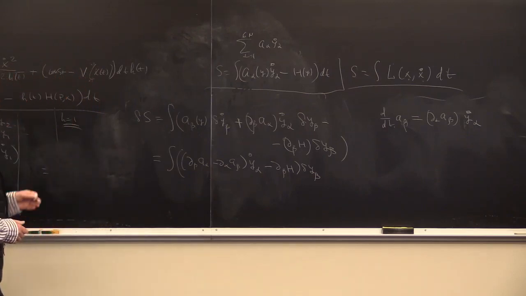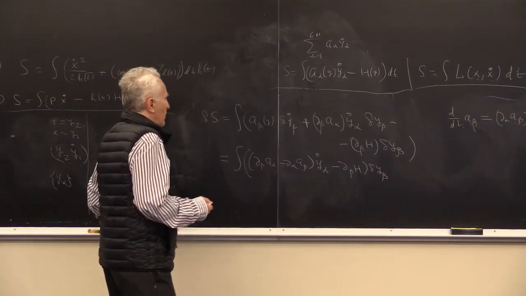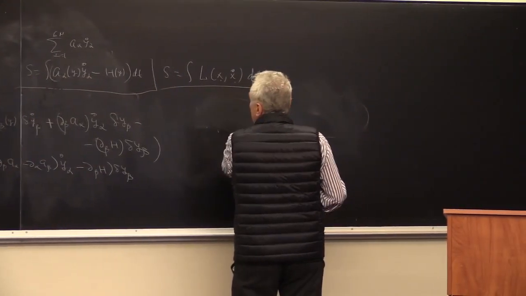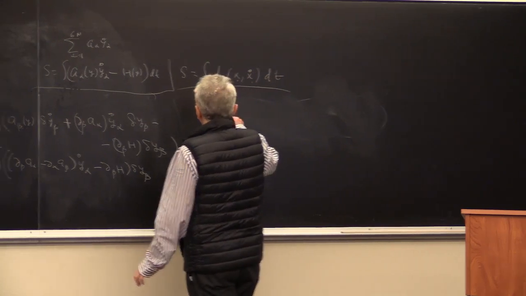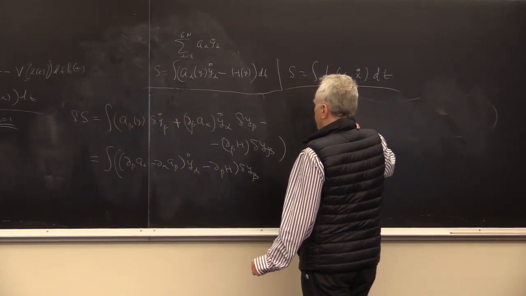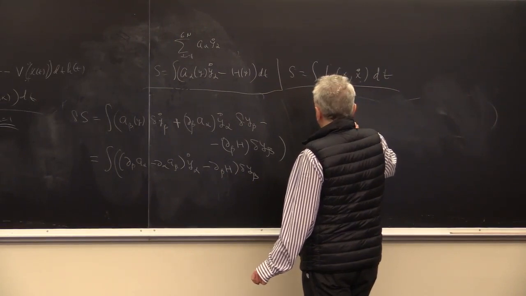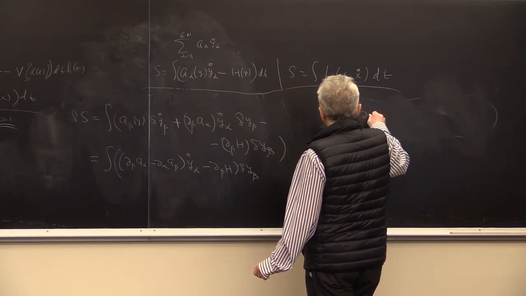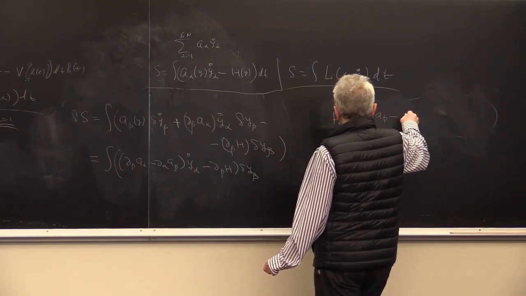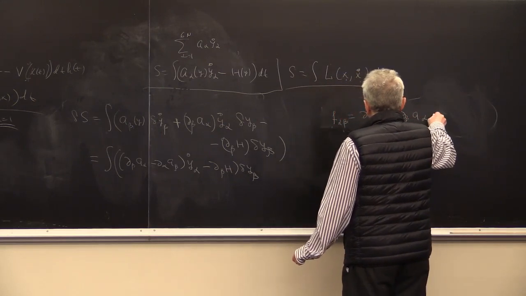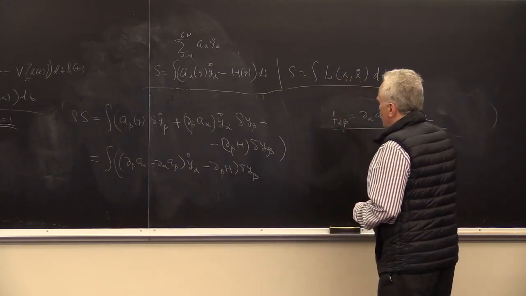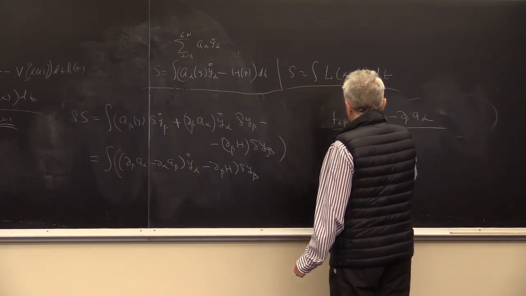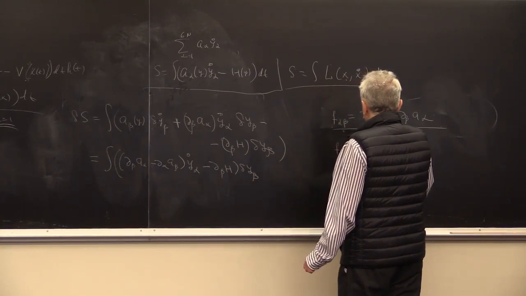That's a very useful variational formula, which we will use in hydrodynamics and in some other cases, which tells us that if you introduce this object, and then the Hamilton equations have the following form.